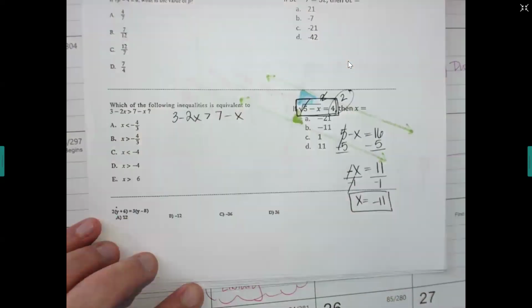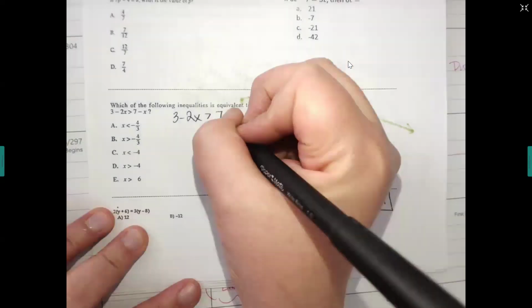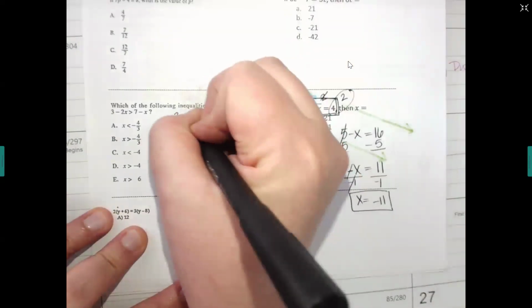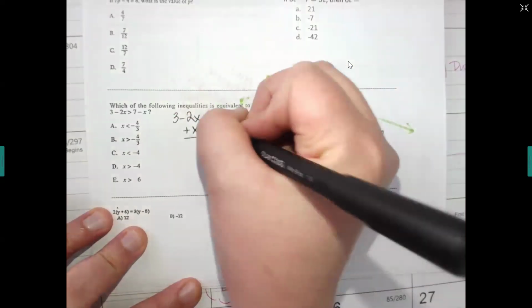The first thing that I need to do is get my x's onto the same side. Now, when you're looking at these answer choices, do you see how the x comes first? So then I'm going to bring this x over to the left instead of adding the 2x to the right. So I want to structure my answer like theirs. So if it's a minus x, I'm going to plus it across.